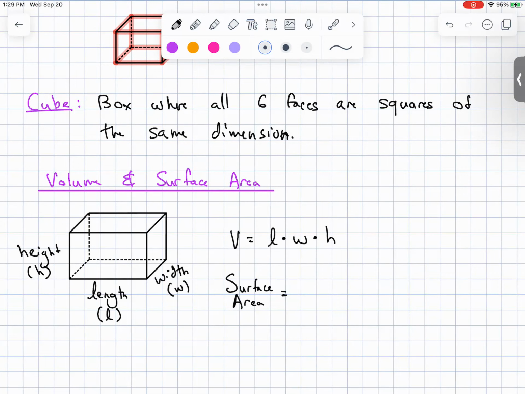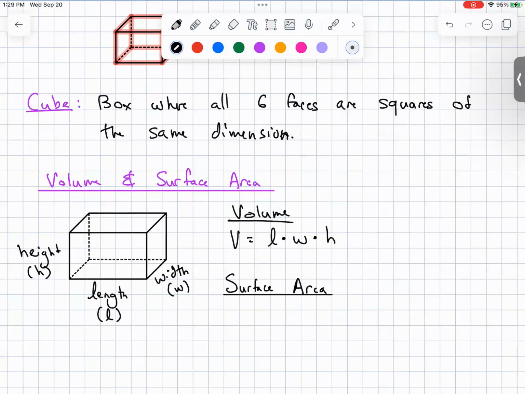which I'm going to abbreviate S. I don't know why I didn't write volume, I should write this prettier. Volume. And then surface area is a little challenging because every single side has different measurements.